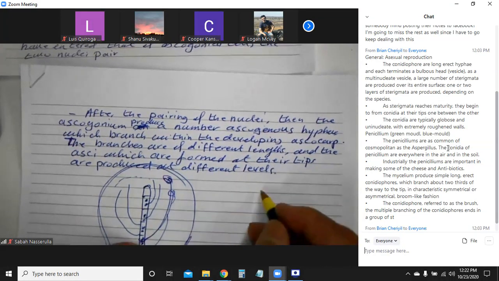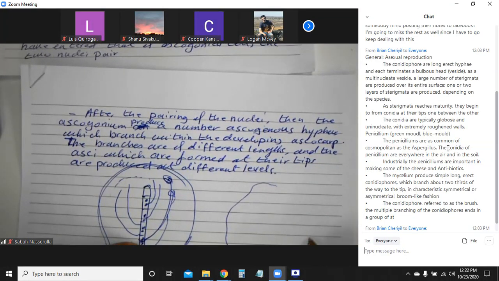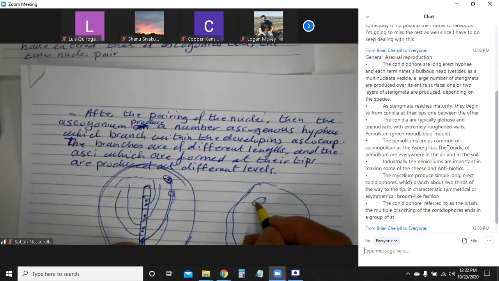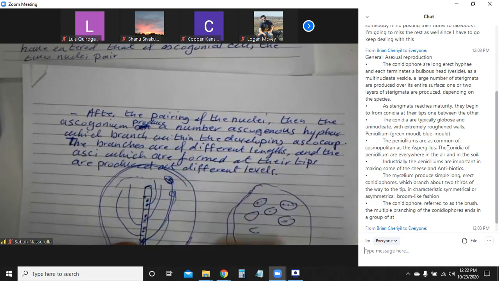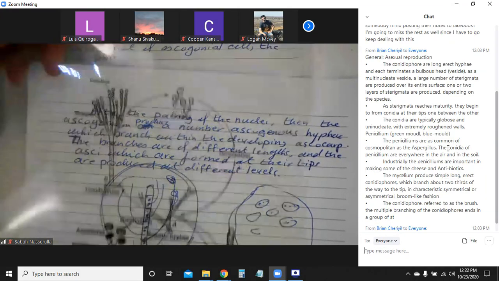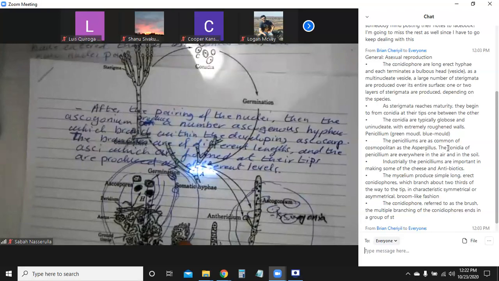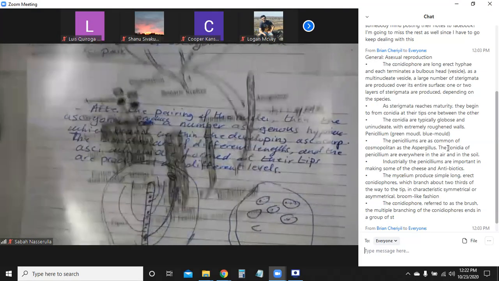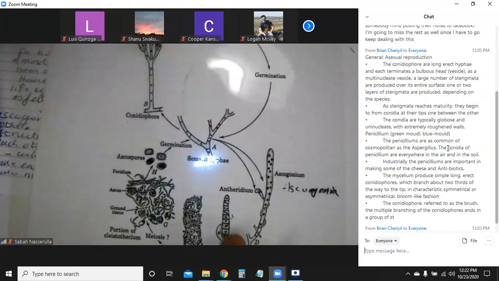And in the end, when you have the cleistothecium like this with many cells, you can see the asci at different levels. From the beginning they arrange like this. Follow my point of view here. Though it doesn't show the stage here, it shows them all at different levels.